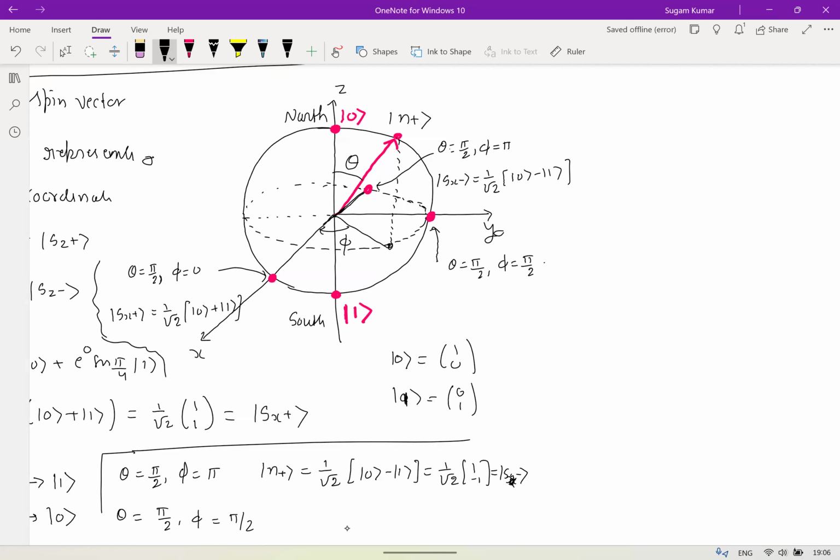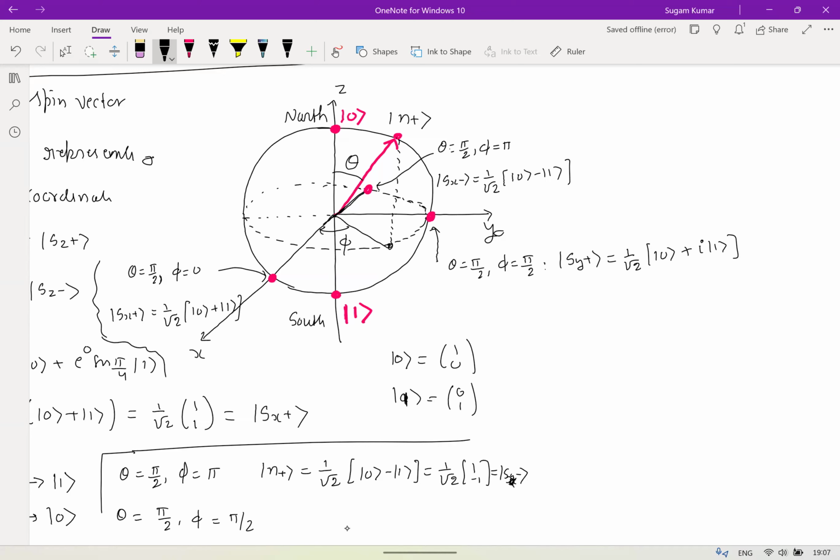That will give S_y plus. So when you solve this part, this is going to be 1 by root 2 times (1, 0) plus iota times (0, 1).